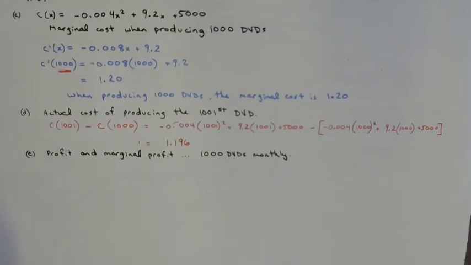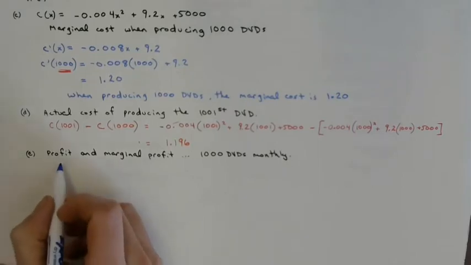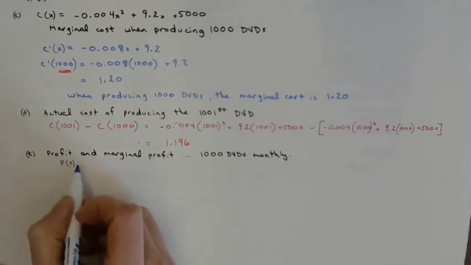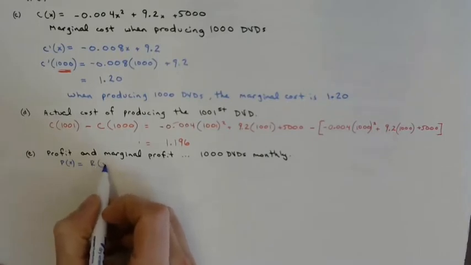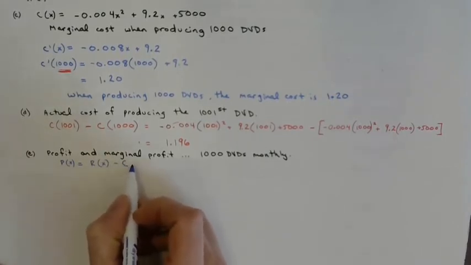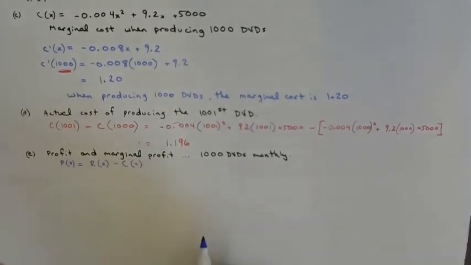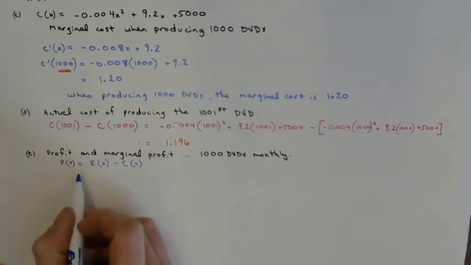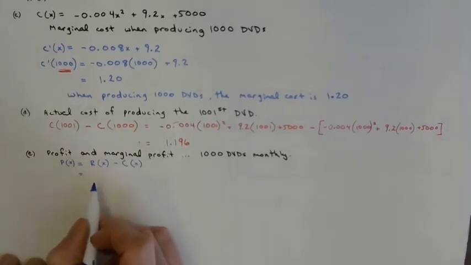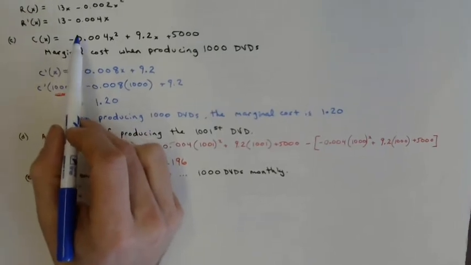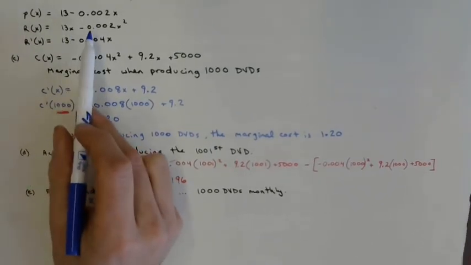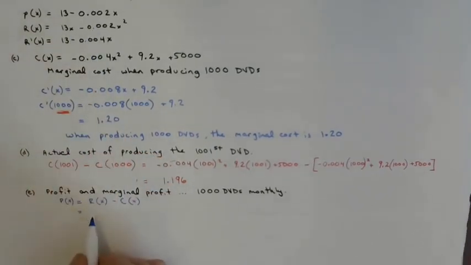All right. Profit function. We know how to build the profit function. P of x is your revenue, R of x, minus the cost, C of x. So the profit function is R of x, which is up here, 13x minus 0.002x squared.